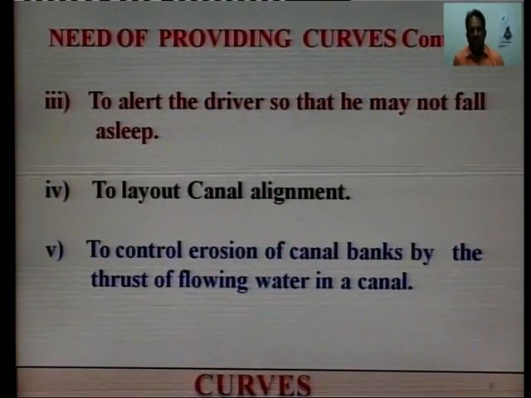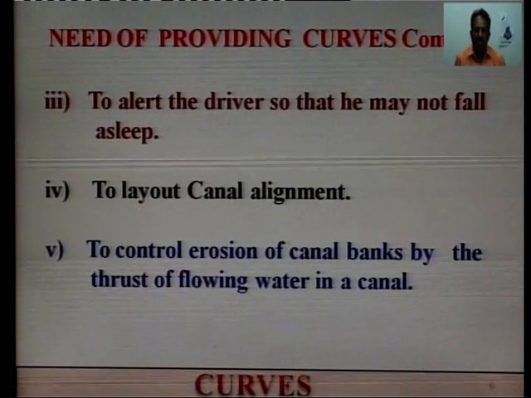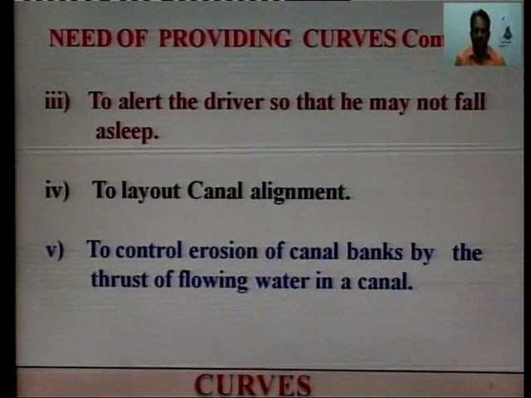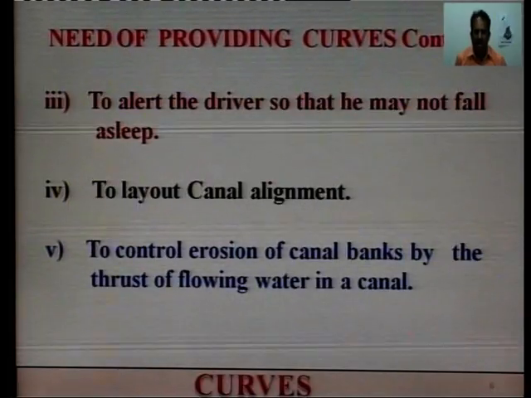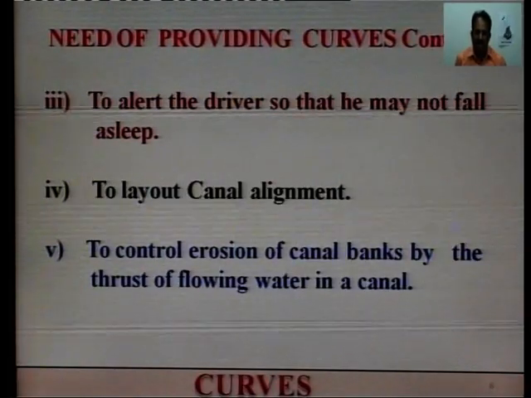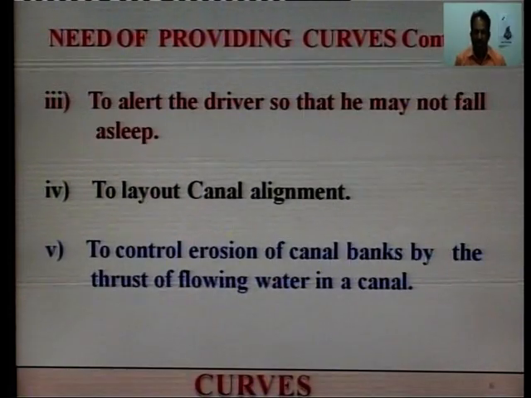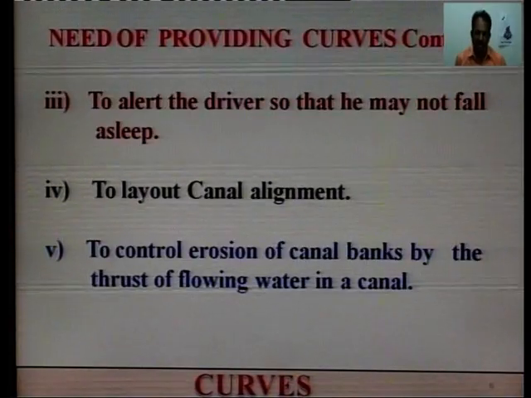Third is to alert the driver so that he may not fall asleep. If a road is straight, with no turns on either the left side or the right side, there are chances that the driver may fall asleep. So to alert the driver, curves are generally provided.